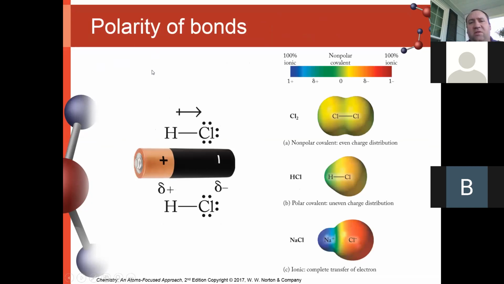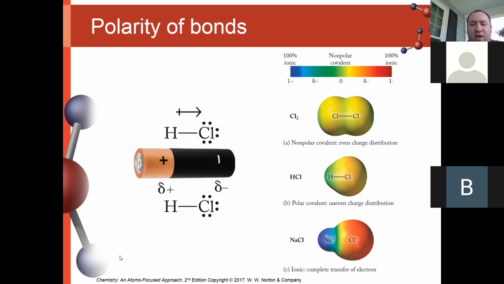Now, in terms of polarity, how's that look? Well, we can think of polarity in bonds the same way that we think of electrical charge in batteries. If you pick up a battery, it has a positive end and a negative end. And polar bonds are similar in that way. They have a positive end and a negative end.